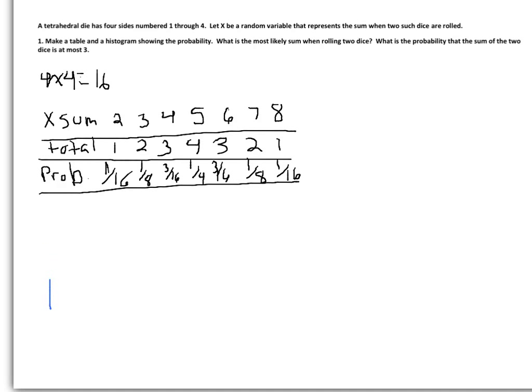Oh, I forgot to label. So this is the probability, sum of 2 dice.